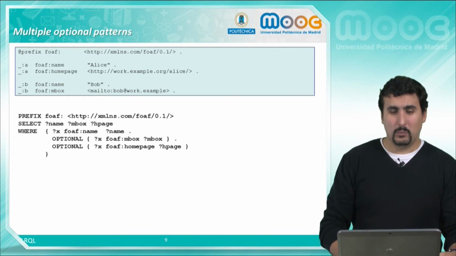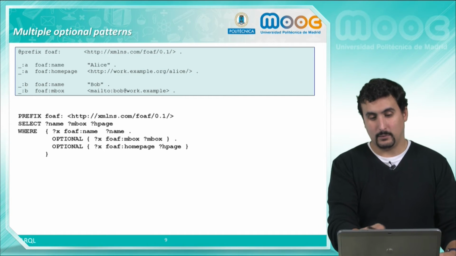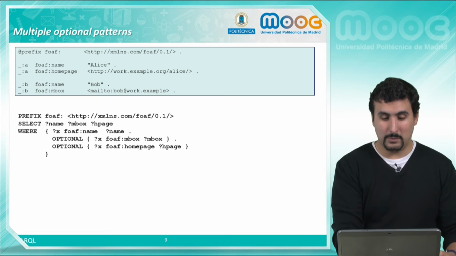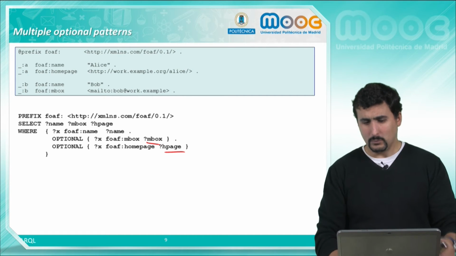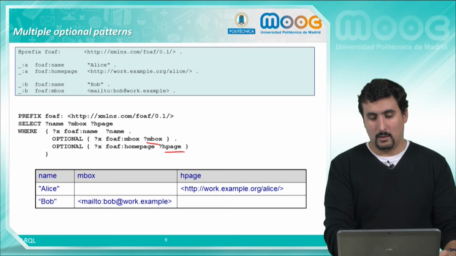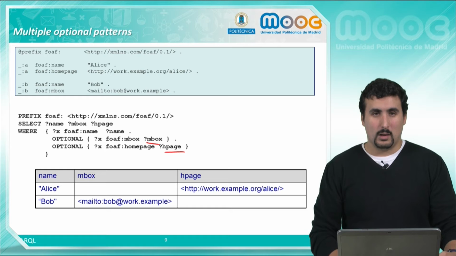We can have multiple optional patterns. In this case, we have Alice with a home page and Bob with a mailbox. We can put an optional on the mailbox and another optional on the home page, here and here. And what we will get is, in both cases, the name, and for Alice, the home page, and for Bob, the mailbox.